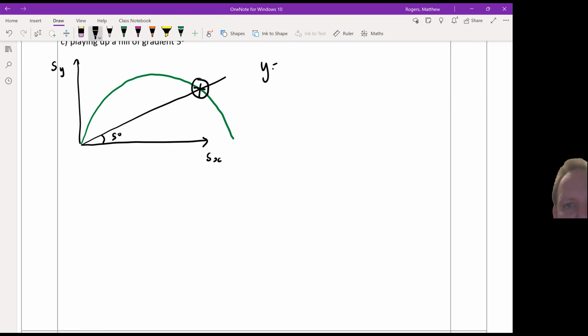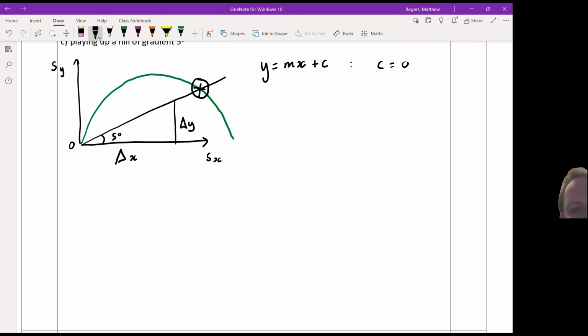So we know all straight lines have a formula of y equals mx plus c, where m is the gradient and c is the y-intercept. Well, the y-intercept's easy to deal with. We can see that c is equal to 0. For the gradient, we know the gradient is normally written as the change in y over the change in x.